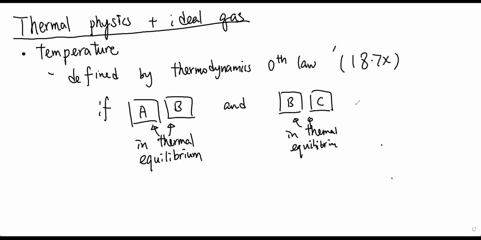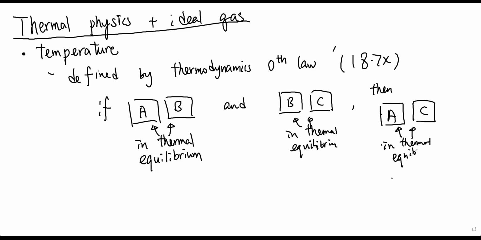You may think that this law is so dumb, so obvious. If A and B and C are in thermal equilibrium, then A and C must be in thermal equilibrium. Do you think like that? But in science, especially in physics, we need to define everything carefully and precisely.